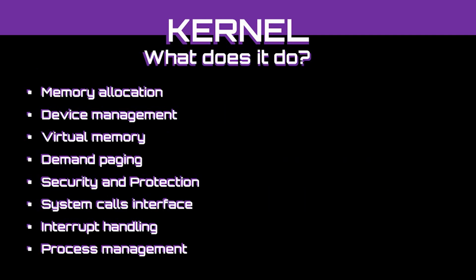What does the kernel do? So when we open up, for example, a Chrome window, who's to say the Chrome window won't just take up all your RAM's memory for itself? The kernel. See, the kernel acts as a bridge between the user's applications and the hardware it runs on.